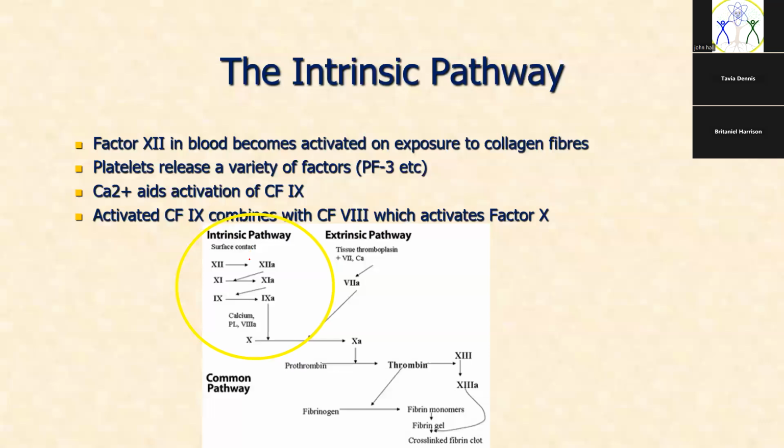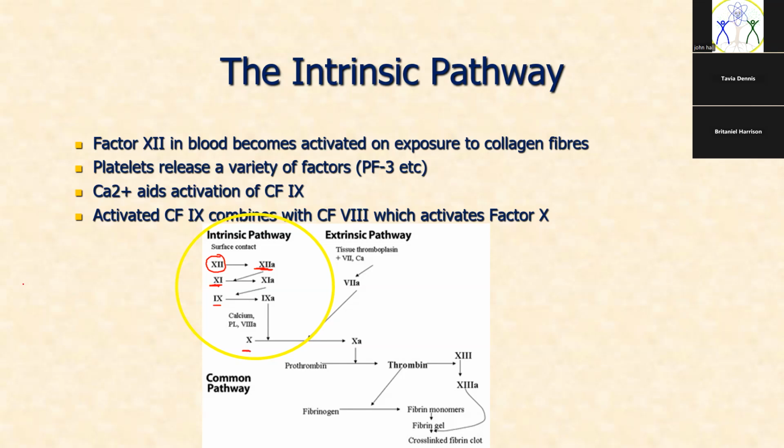What you have here now, once again, is factor 12, right? Factor 12 is normally coming from the platelets themselves or from the damaged tissue. Then this becomes activated, and then the activated factor 12 is going to activate factor 11. Then the activated factor 11 activates factor 9, and factor 9 is activating factor 10.